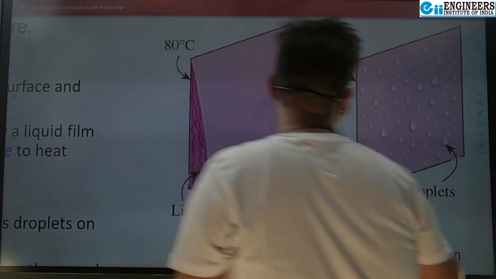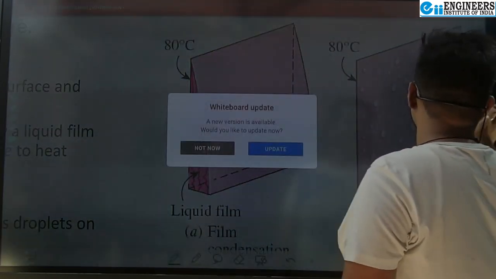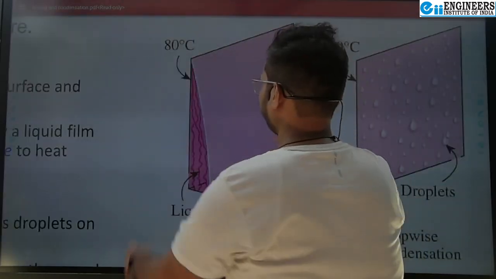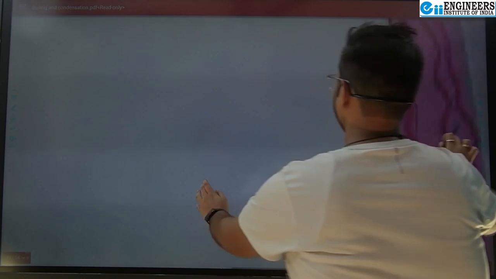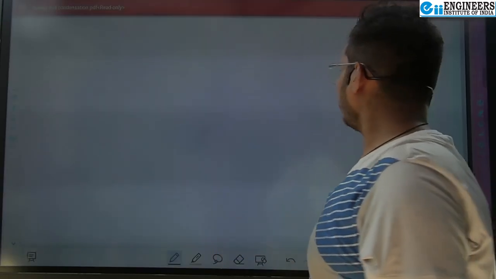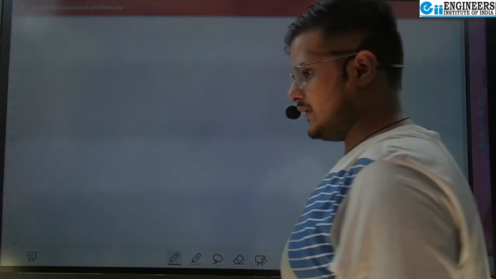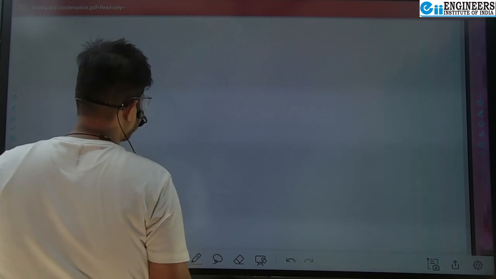If we analyze it in a very detailed way, let's have an example of that. Hope this screen is visible to you. Now let's see.